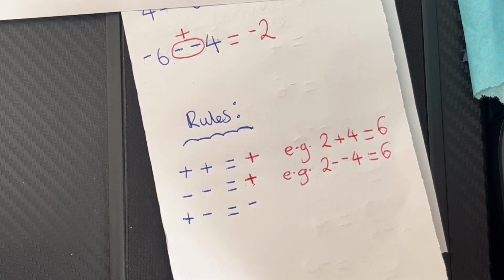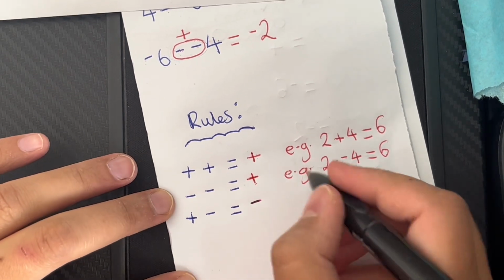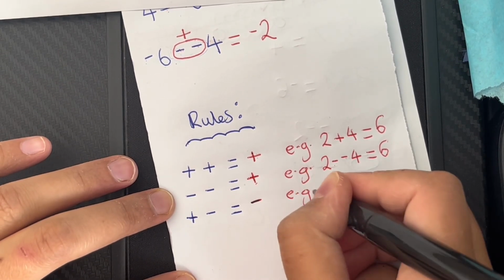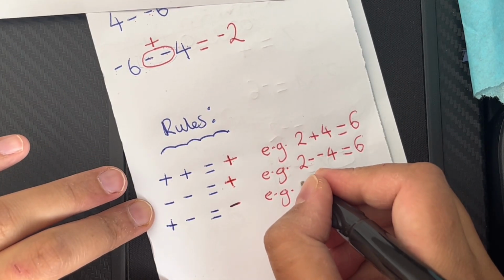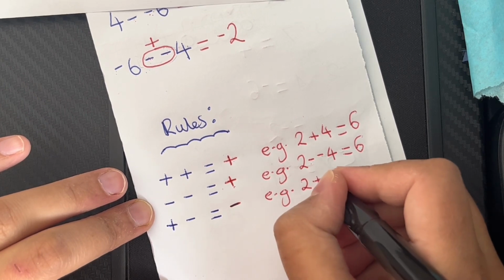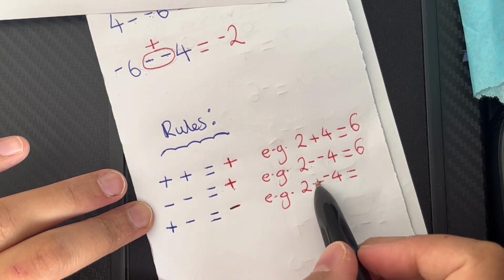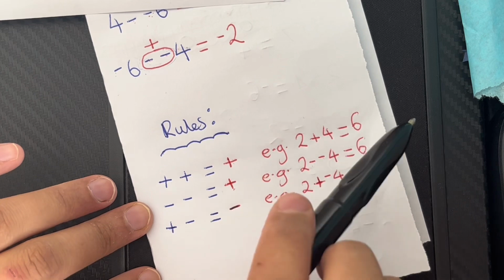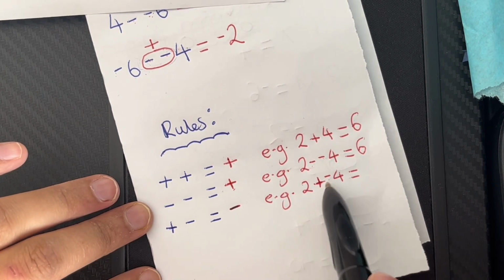So for example, we'll carry on with 2 and 4 actually. If I've got 2 and I'm adding a negative 4 to it, so I'm adding, and we know that adding actually goes towards the right side, but then I've got a minus right next to it, a negative 4, which I'm adding to the 2.